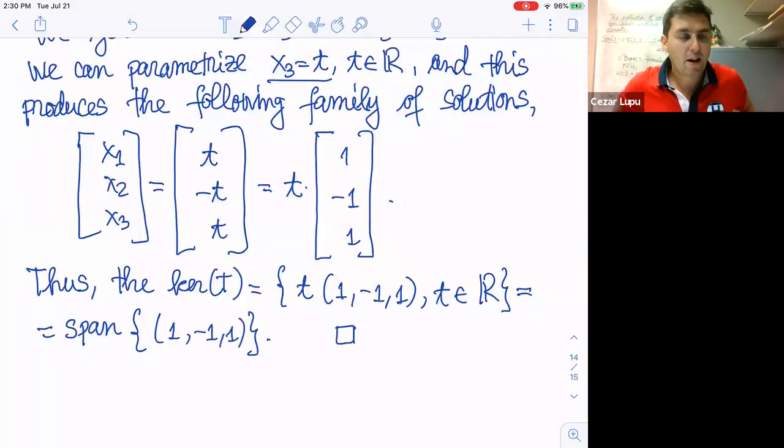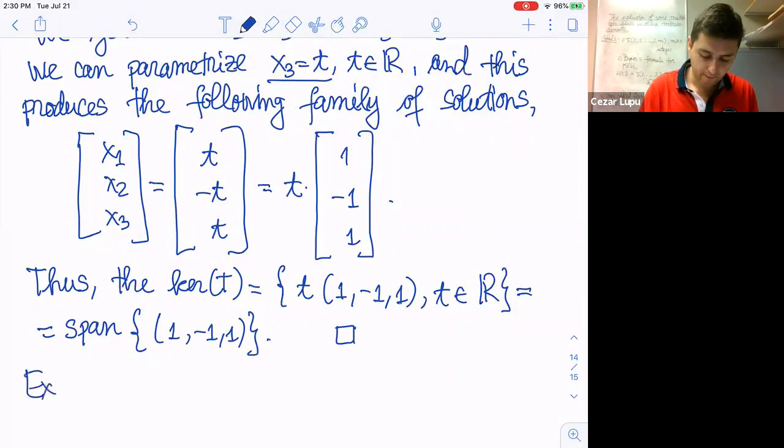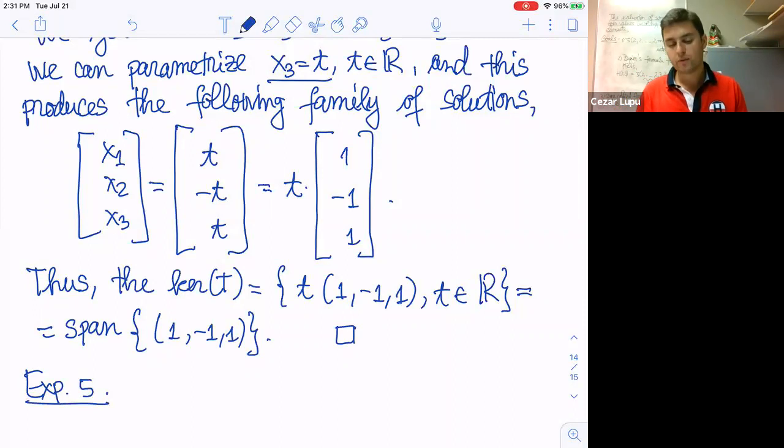All right, let's do another one of this type. And this next one will be a little bit more involved, but anyway, I want to do it. So example number 5, like I said, I want to do as many examples as possible. And again, I will define a linear transformation which will be given by a matrix.